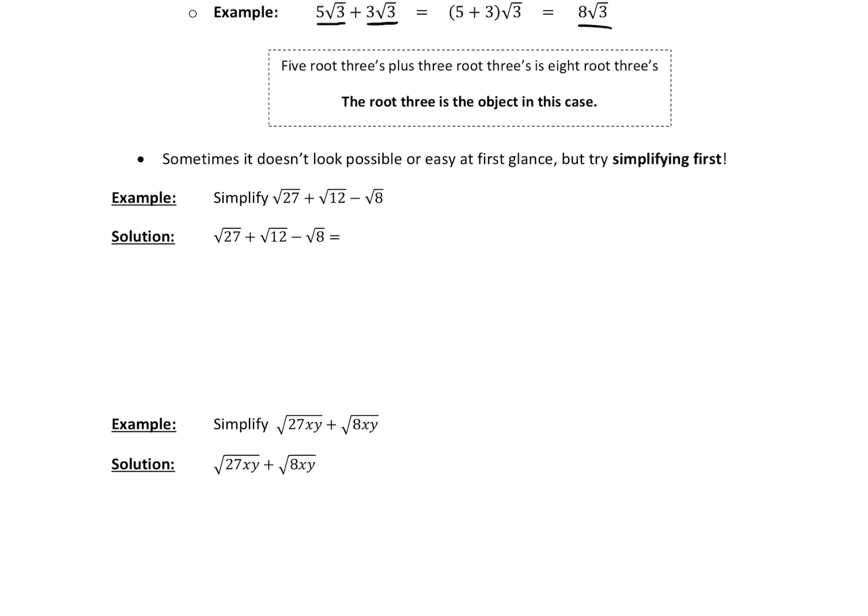So if we look at here, we got root 27, we got root 12, we got root 8. Do those numbers have perfect square factors? And they do. Root 27 is the same as root 9 times 3. Root 12 is the same as root 4 times 3.